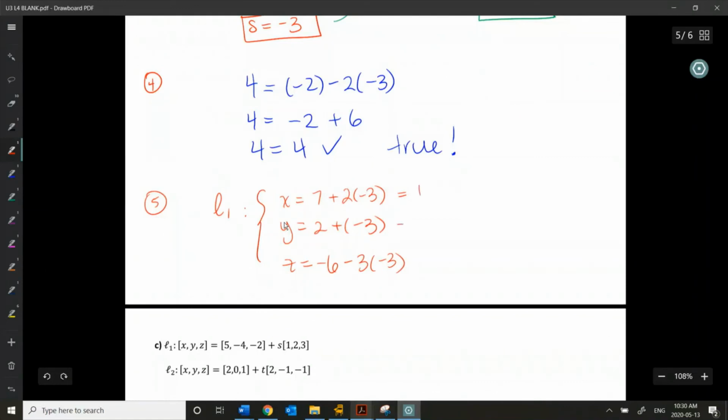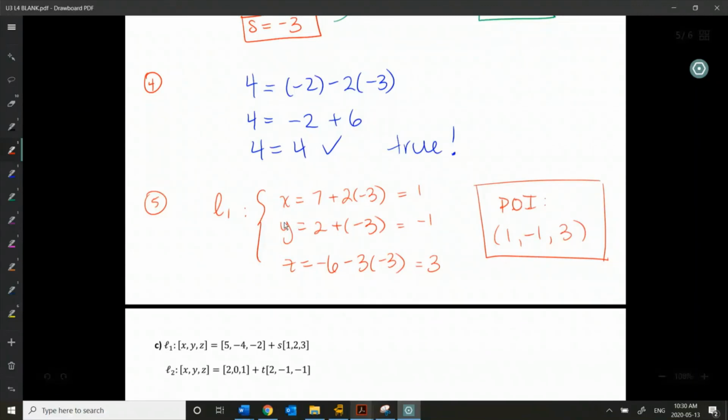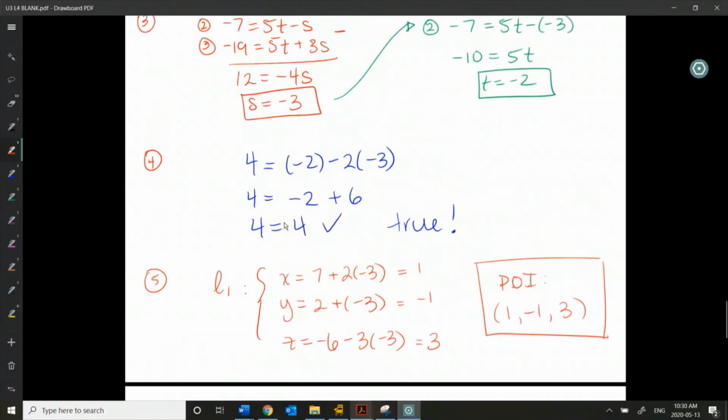All right, so we're getting 1, negative 1, and positive 3. So our point of intersection is going to be (1, -1, 3). And notice that I'm putting round brackets because this is actually a point, not a vector.